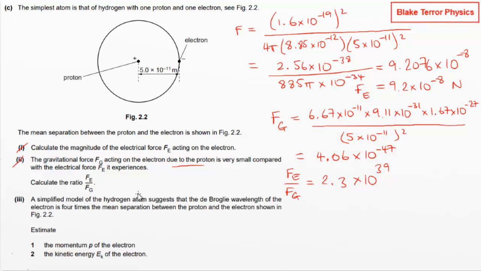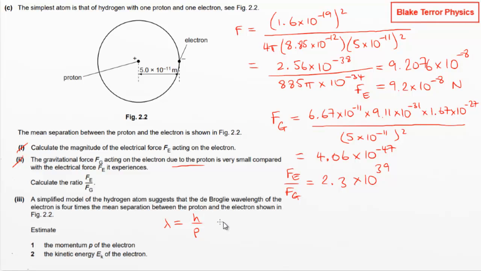Right, that's good. A simplified model of the hydrogen atom suggests that the de Broglie wavelength of the electron is 4 times the mean separation between the proton and the electron. Estimate the momentum of the electron and the kinetic energy of the electron. So our de Broglie wavelength is the Planck constant divided by the momentum.